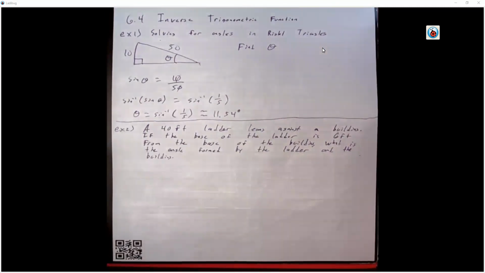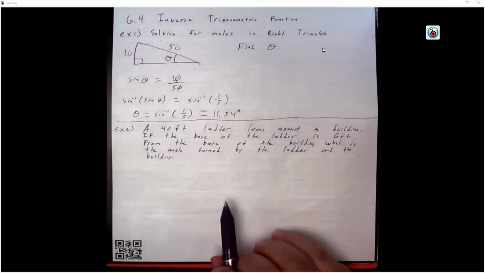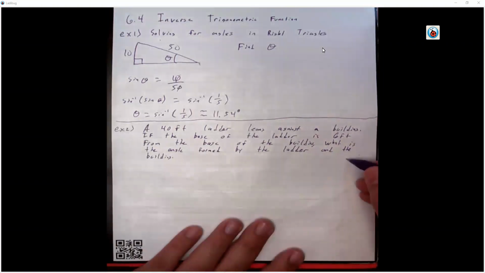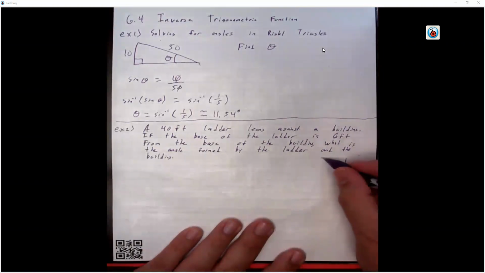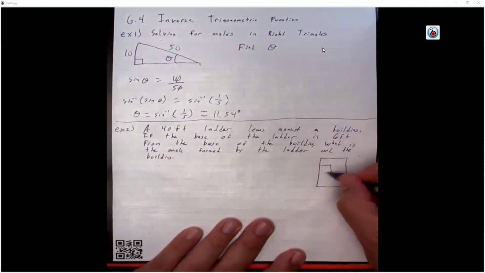Okay. So let's start drawing this out and figure out what they are asking for. A 40-foot ladder leans against a building. If the base of the ladder is 6 feet from the base of the building, what is the angle formed by the ladder and the building? All right, so let me draw this building. There's my building.